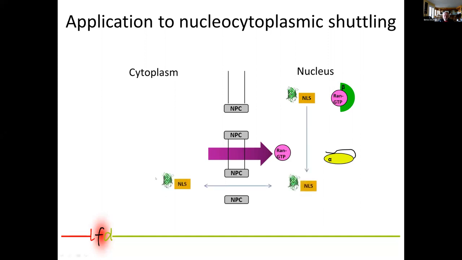And this is due to the interaction that the protein will have with the, well, first of all, it needs to have a signal, a nuclear localization signal, and then at the end, you find that protein on the other side, of course, at the expense of the energy of RAN GTP.